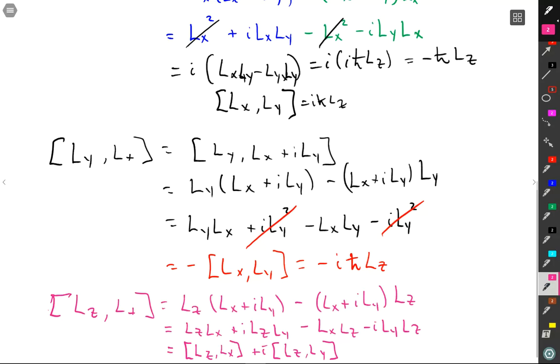So it's Lz Lx plus i Lz Ly. What is Lz Lx? And then plus i times Lz Ly, which is minus i H bar Lx.